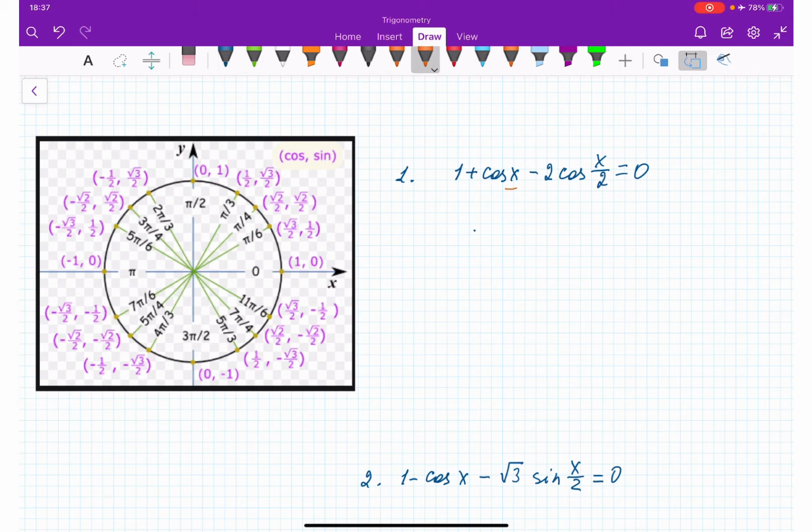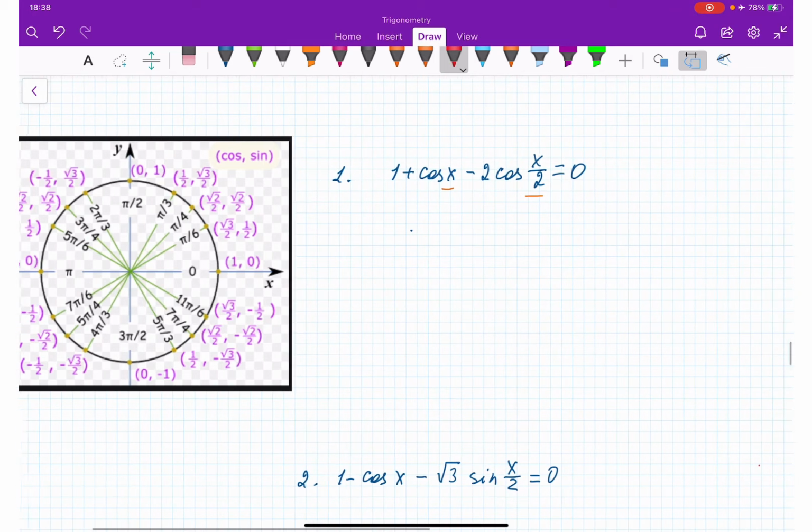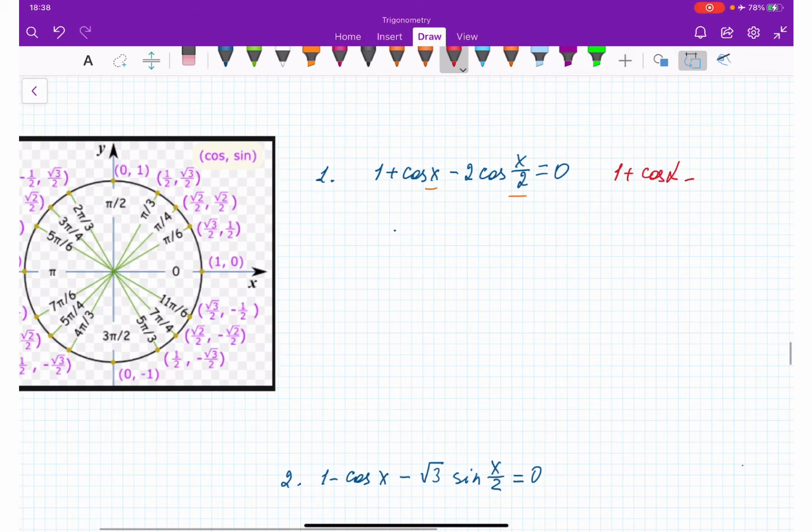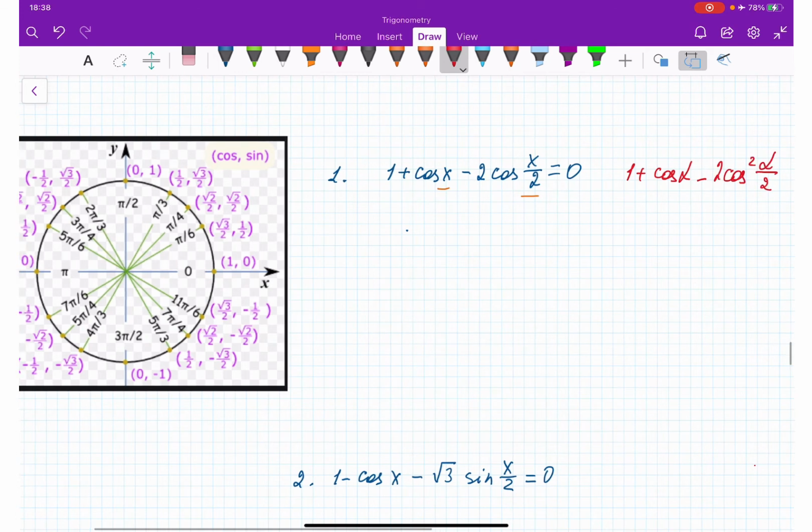Here you have parameter x, here you have x over 2, which means you either have to convert x to half of x, or vice versa, bring half of x to parameter x. Since there is a very popular formula, 1 plus cosine alpha equals 2 cosine squared alpha over 2, look here, we have 1 plus cosine x.